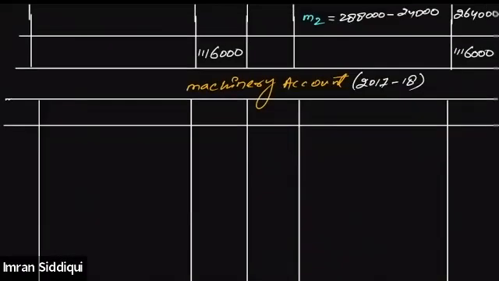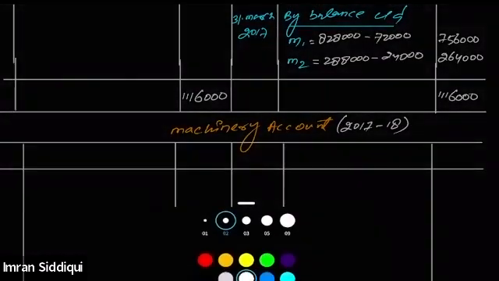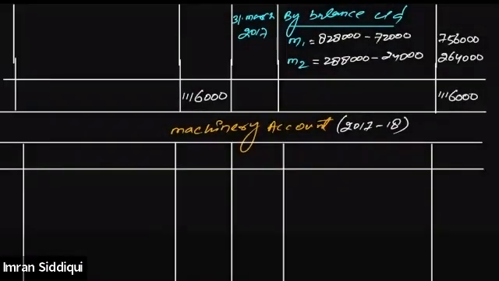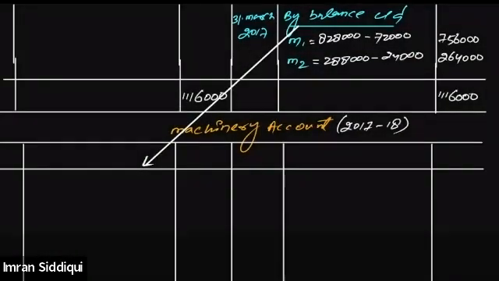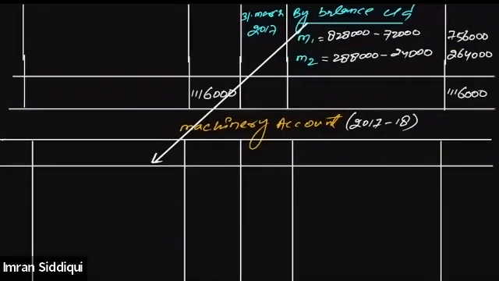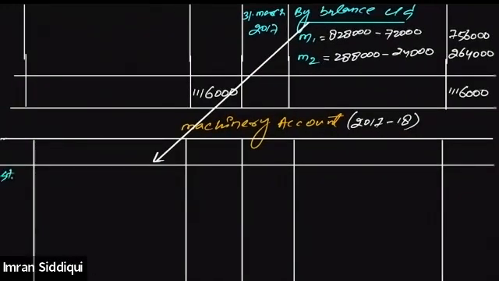All right. So the closing balance of the previous year will become the opening balance of the next year. We will carry forward this balance to the next year. And we'll write this as on 1st of April 2017, to balance b/d.